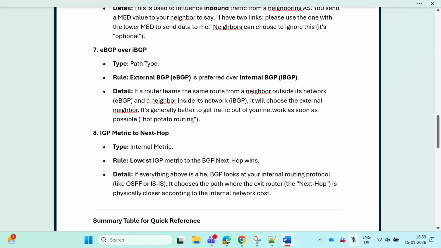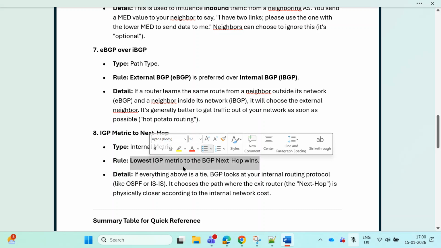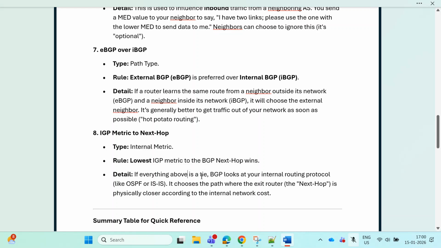Let's read it out: the lowest IGP metric to the BGP next hop wins. If everything above is a tie, BGP looks at your internal routing protocol like OSPF or IS-IS. It chooses the path where the exit router next hop is physically closer according to the internal network cost. That is what it is trying to say.